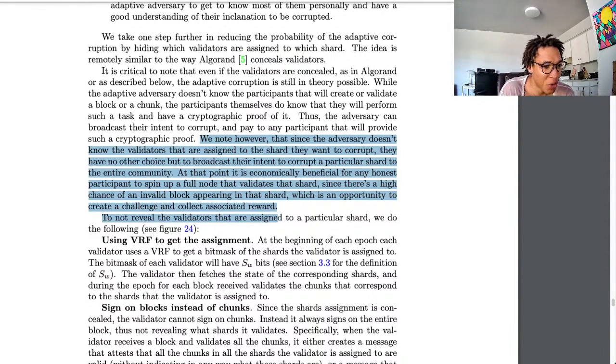That, to not reveal the validators that are assigned to shards, we do the following. Yeah, I'm not sure I agree with that personally, because if I was an attacker and I wanted to broadcast that I want to attack this shard, why wouldn't I just use a third-party anonymous service?